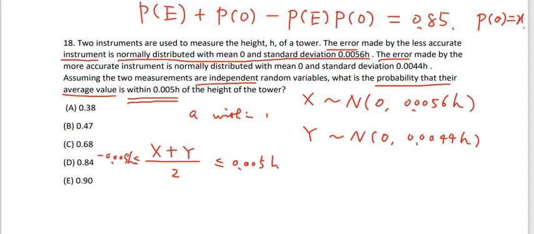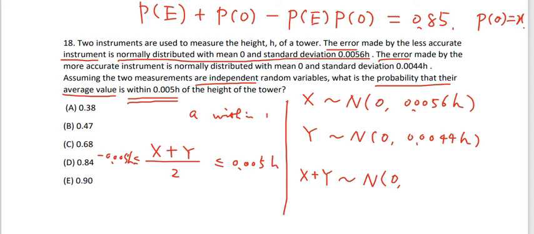So for this problem, we want to know the distribution for X plus Y divided by 2, or just X plus Y first. Normal plus normal equals normal. The mean is this plus this. For the standard deviation, you cannot add them up.